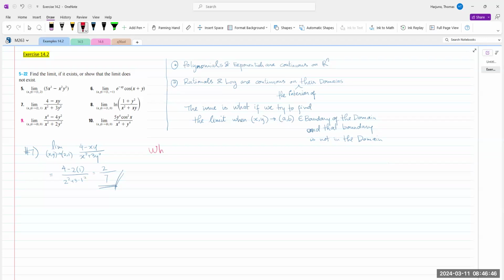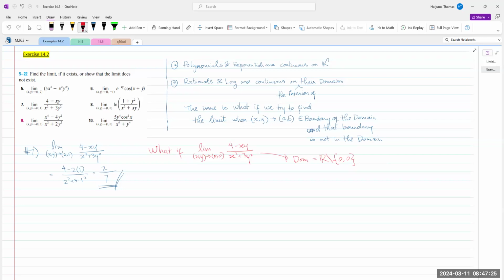What if the question were limit as (x, y) goes to (0, 0) of (4 minus xy) over (x squared plus 3y squared)? Now you can see the domain of this function is all real numbers except the origin. So the origin is not in the domain, but it is at the boundary of the domain, and then it becomes the issue.